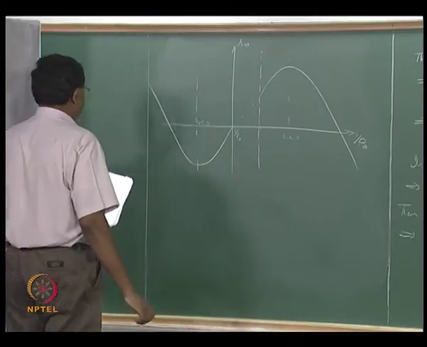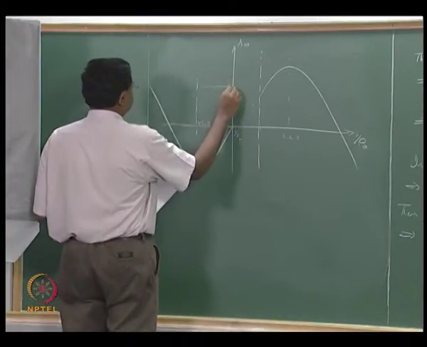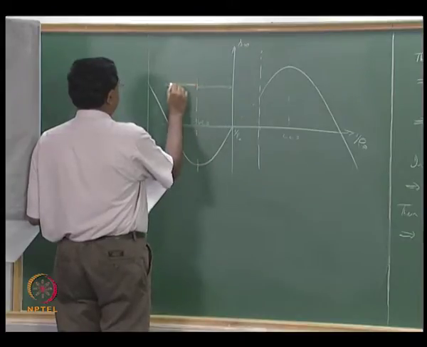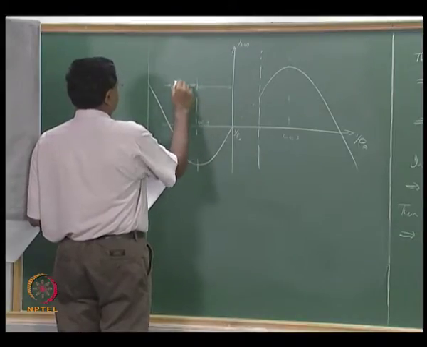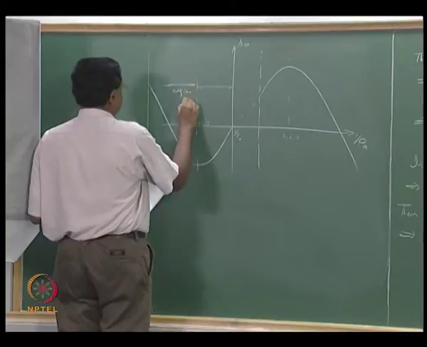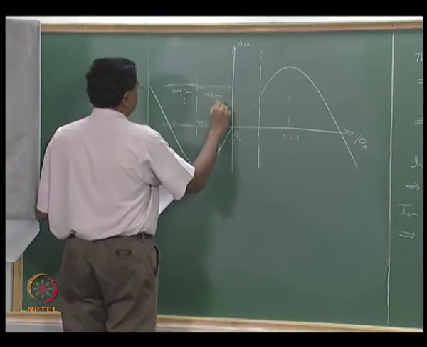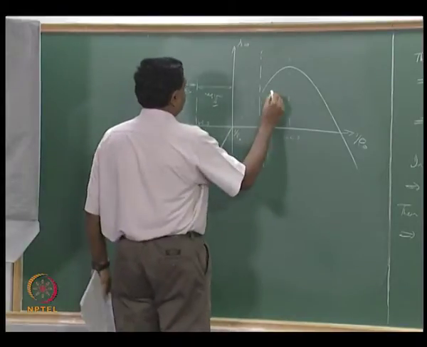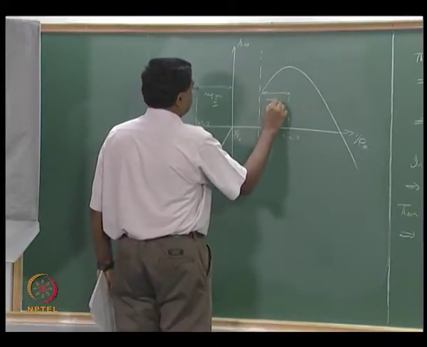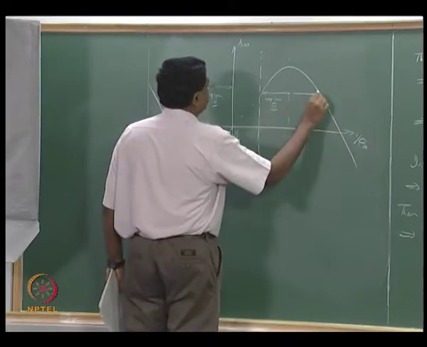So what we are basically saying is this is your region 1, this is region 2, this is region 3, this is region 4.